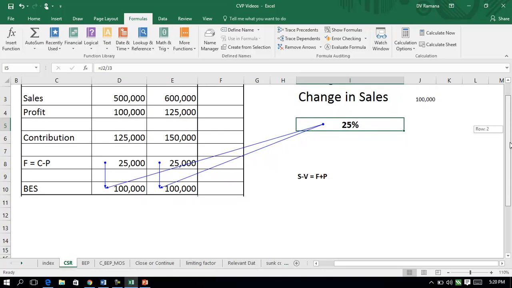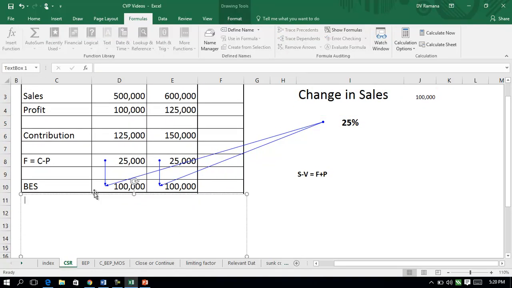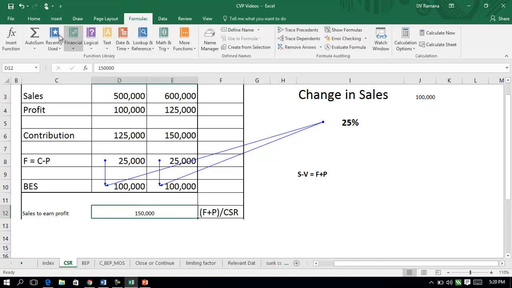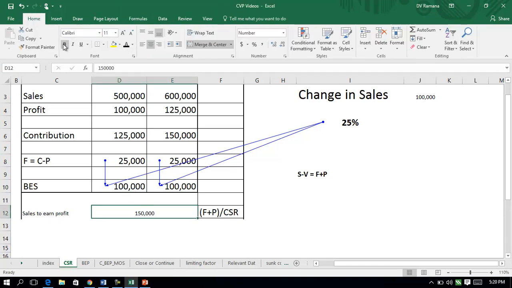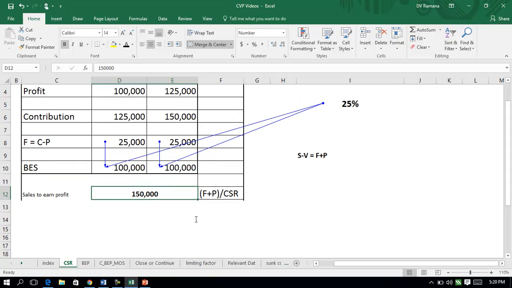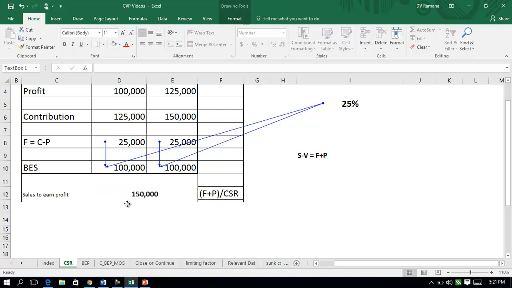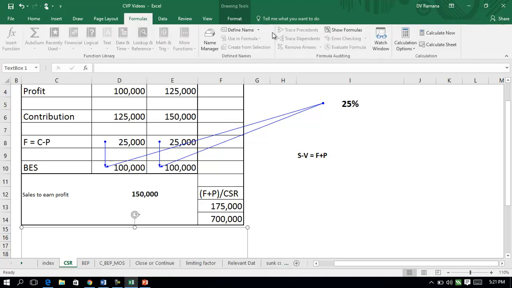But suppose in the month of March the organization is planning to earn a profit of 150,000. If the organization wants a profit of 150,000, what should be the sales to earn profit of 150,000? We know that the sales to earn profit is equal to fixed cost plus profit divided by CSR.